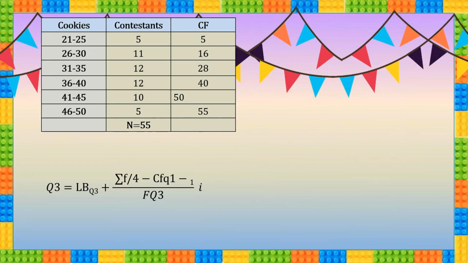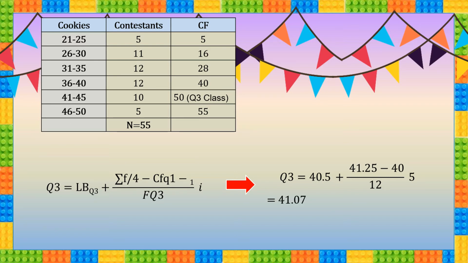Same again for quartile 3, but k will now be 3. Now, we will divide the summation of f by 4 and multiply it by 3. We will locate the quartile 3 class interval, substitute the values into the formula, and then we simplify it. Our quartile 3 is now 41.07.